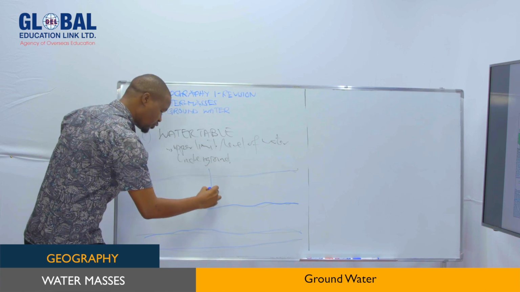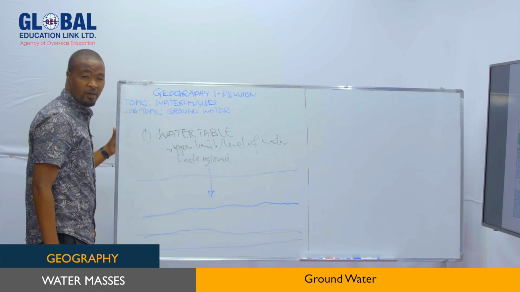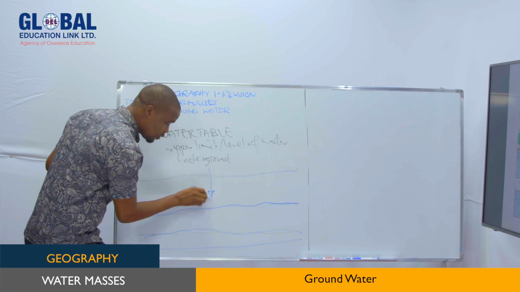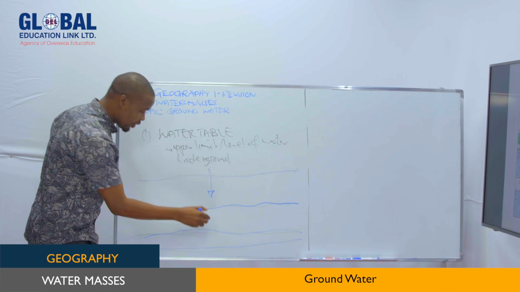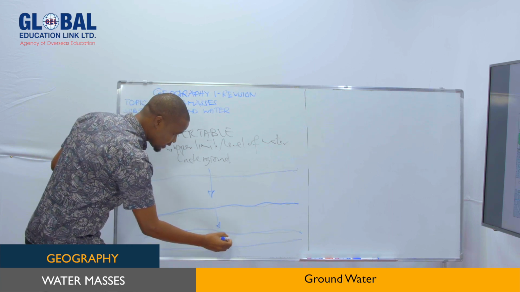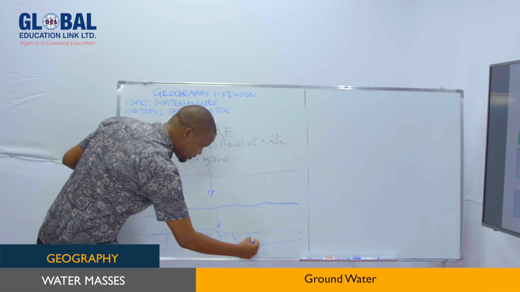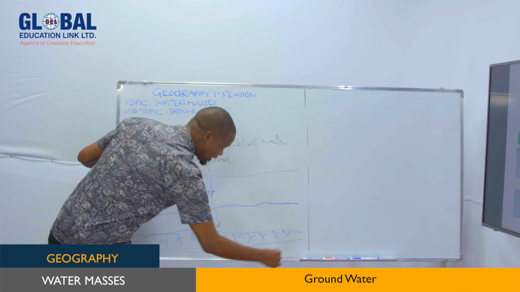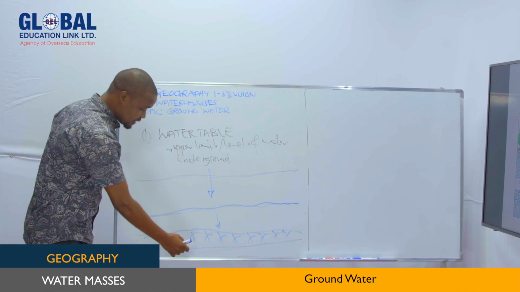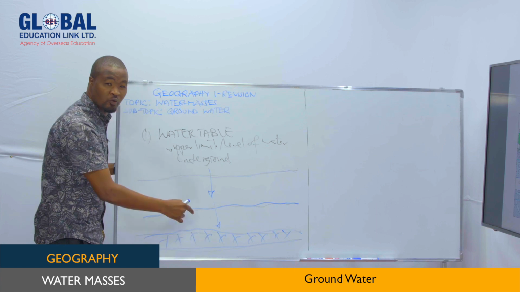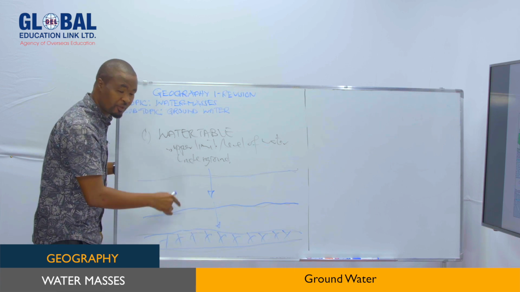Now we are talking about the movement of water underground. Water will move to the point where sometimes it may find a hard rock, which will prevent the further movement of water underground.